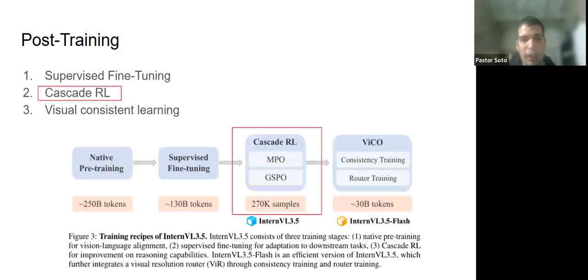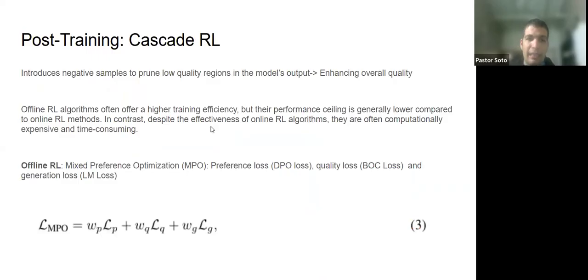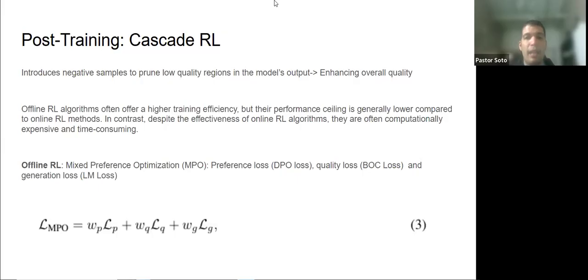So now let's go to the cascade reinforcement learning. This cascade reinforcement learning has two stages. One is MPO, and we will see what this means, and the other one is GSPO. Let's start with the first one, the offline reinforcement learning.